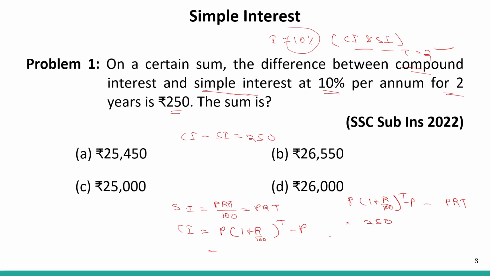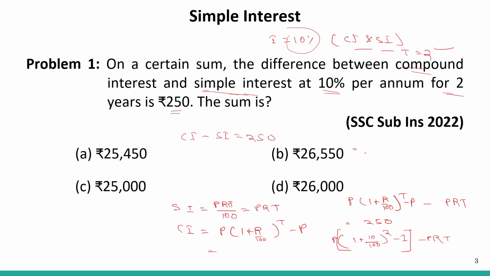You can take P common out, so P into 1 plus R by 100 whole power T minus 1, where R is given as 10 and T is 2 years, minus PRT.